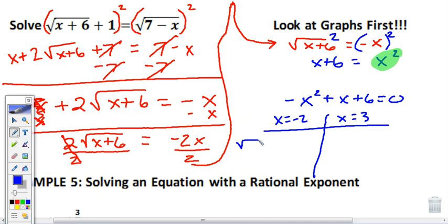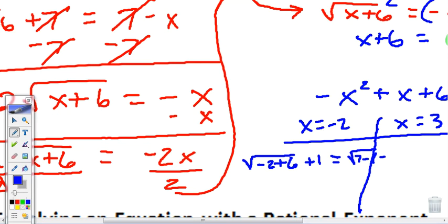So the left side will become the square root of negative 2 plus 6 plus the 1 on the end equals square root of 7 minus what? Seven minus negative 2 really becomes 7 plus 2, doesn't it?